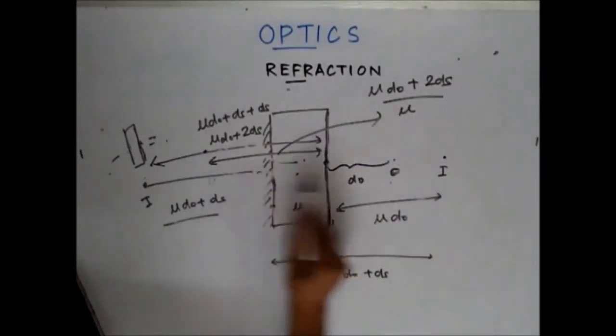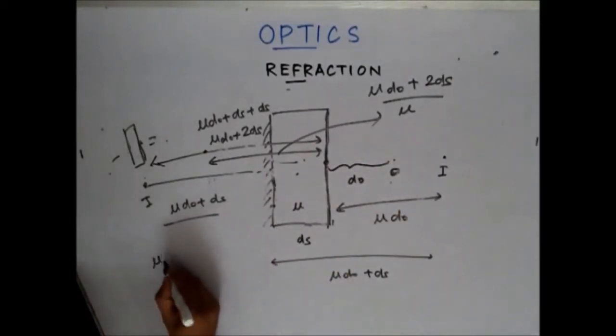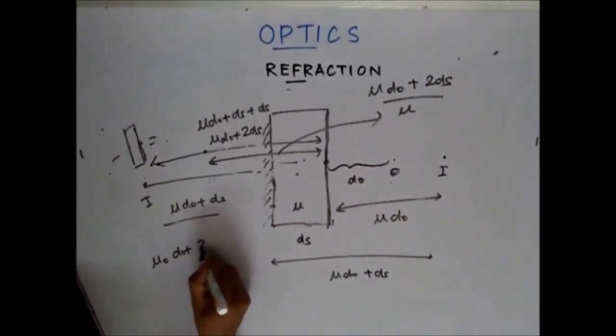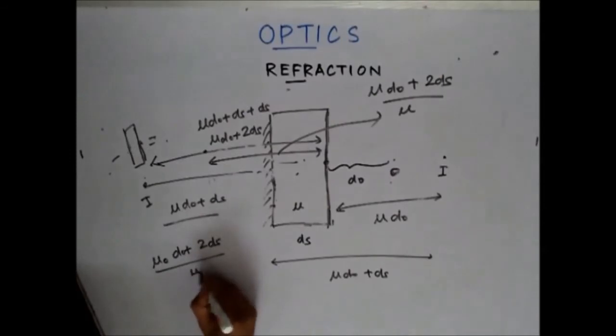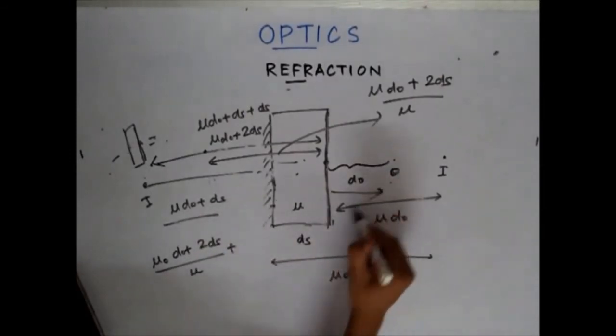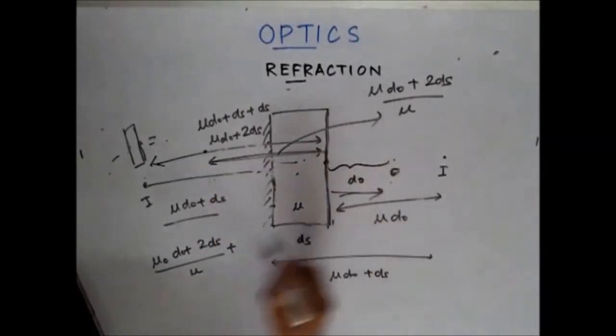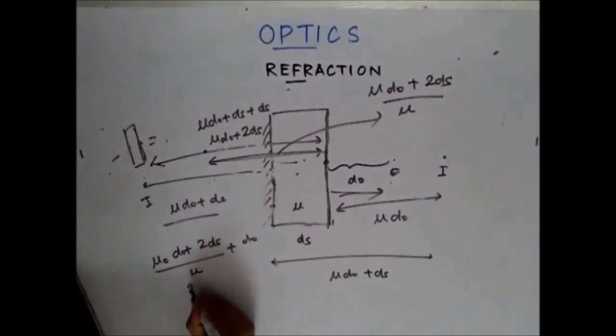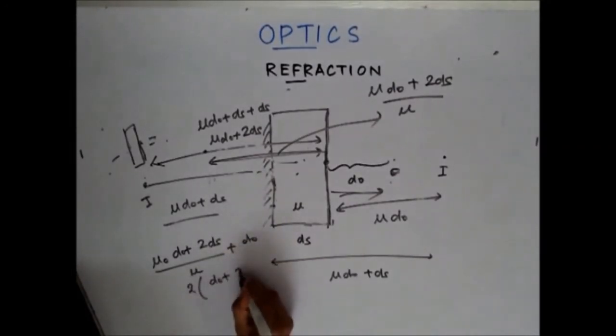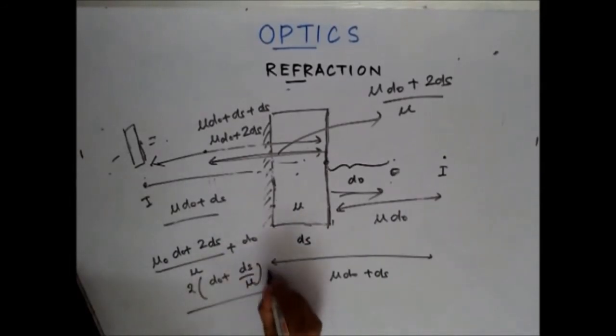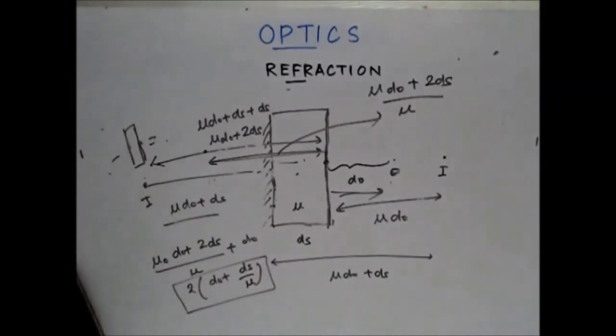So what is the distance between the object and the image? It's (mu d0 plus 2ds) divided by mu, plus this distance. This is the image distance plus this distance. So it's 2 times (d0 plus ds by mu). Okay, so this is my solution. Now let's move on to spherical surfaces.